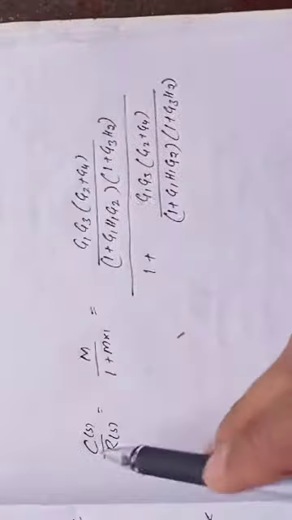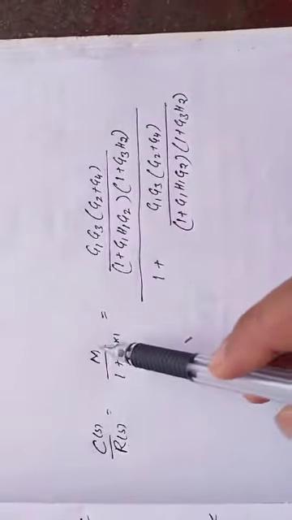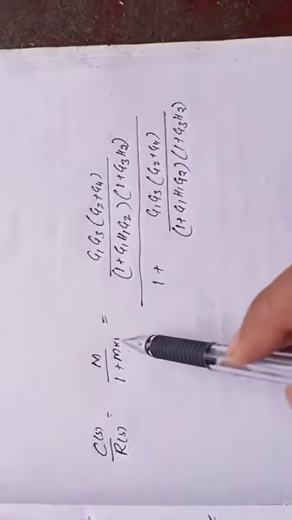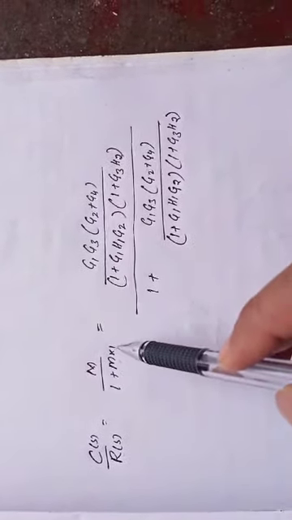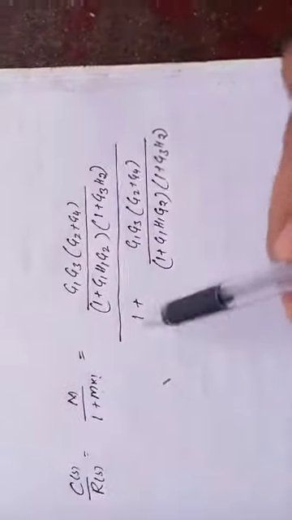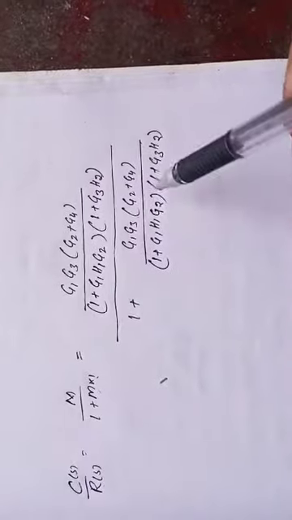This is C of S by R of S. This is one form. M is the gain, and its feedback is unity, that's why 1 plus M into 1. Now M is nothing but this entire term inside this single block, and that I have written here, that is 1 plus this solution.